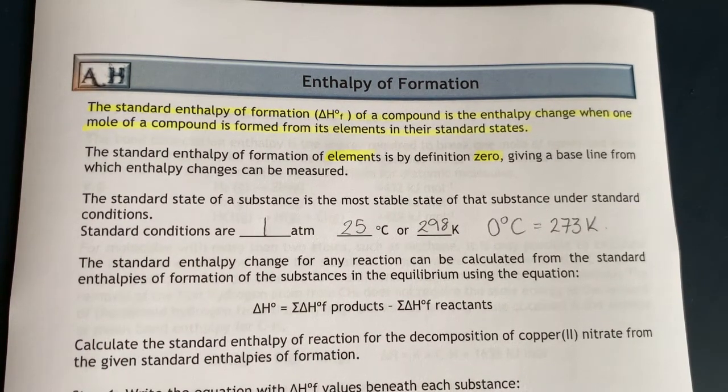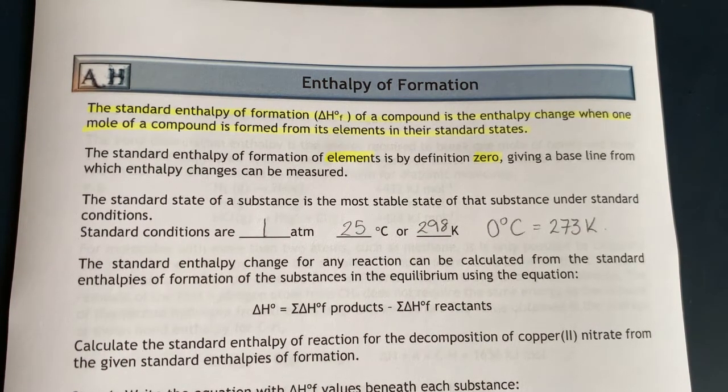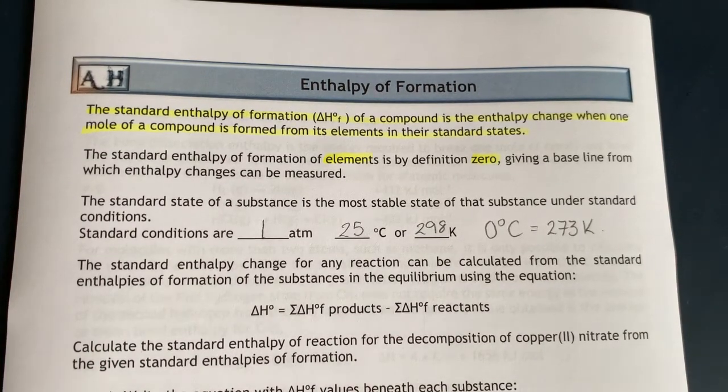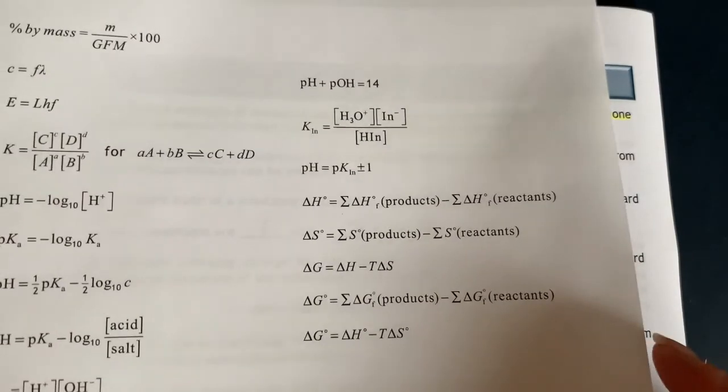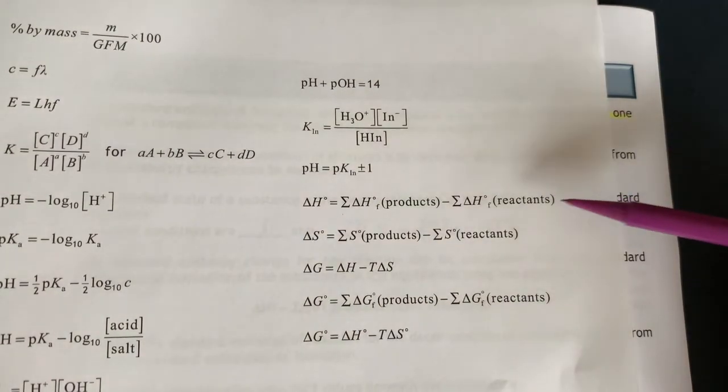Standard enthalpy change for any reaction can be calculated from the standard enthalpies of formation of the substances in the equilibrium using the equation. So we have that equation there, and that's in the data booklet. And when you have a look at the data booklet, there are a lot of equations that all look very similar.